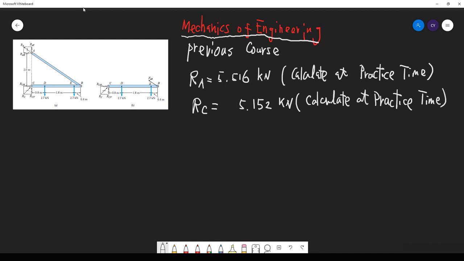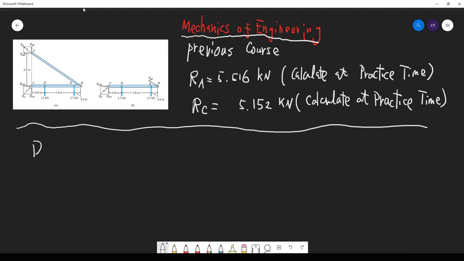This is your previous course. I don't want to calculate again. So now, following, I will teach you about the design. Because you know, all of this is an equilibrium equation. You already learned very well before.